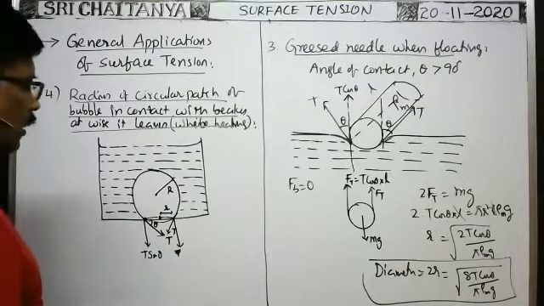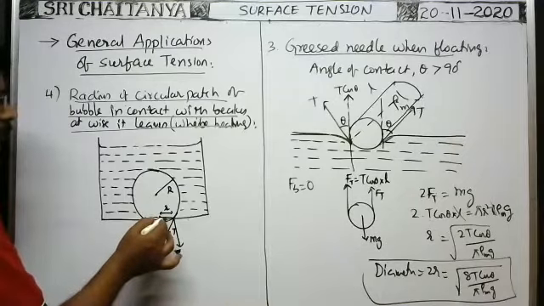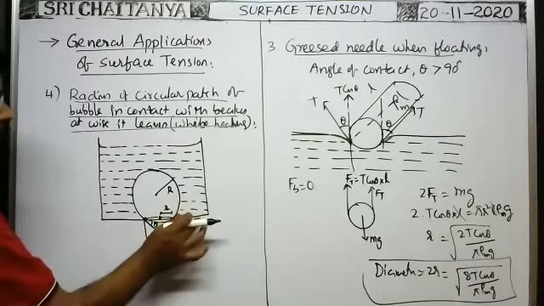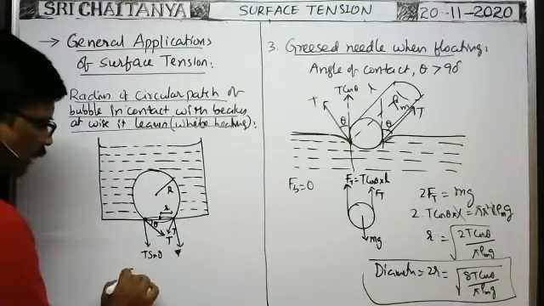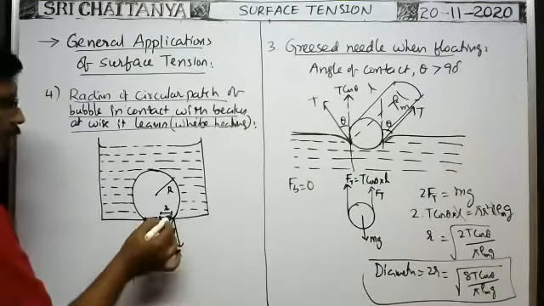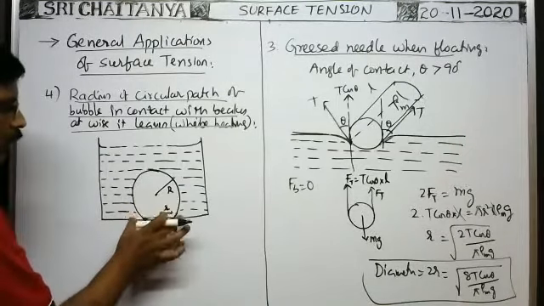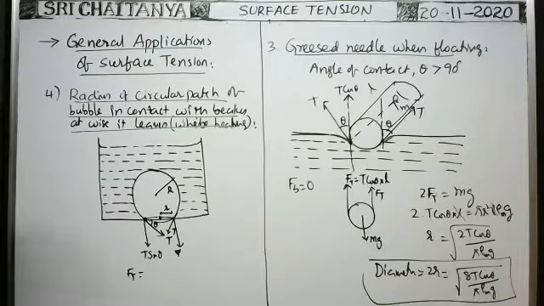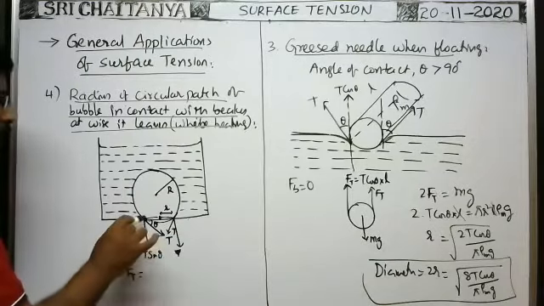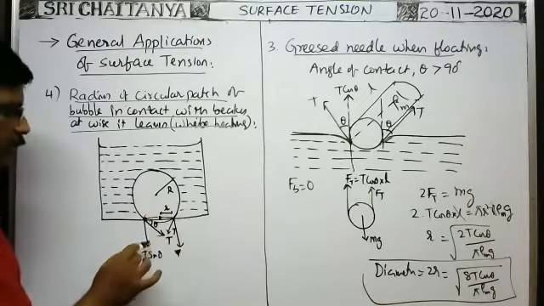Now, what is the force due to surface tension acting on the circular patch of the bubble in contact with the bottom of the beaker? Ft is equal to how much? The surface tension component acting on the circular patch is T sin theta.